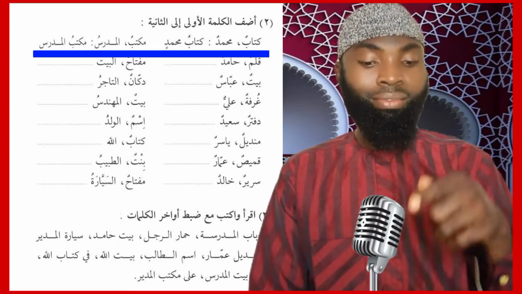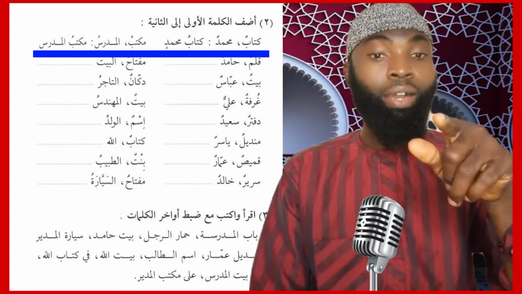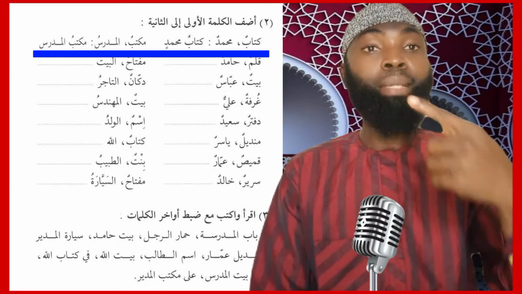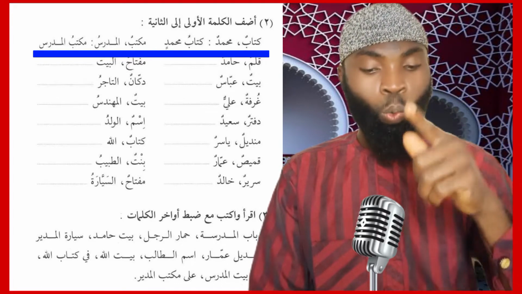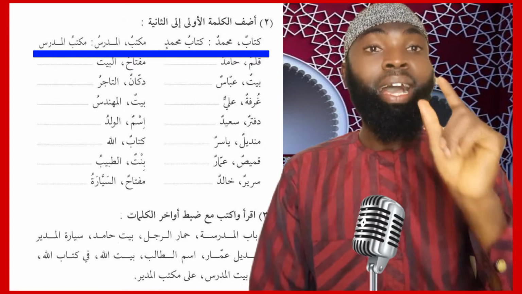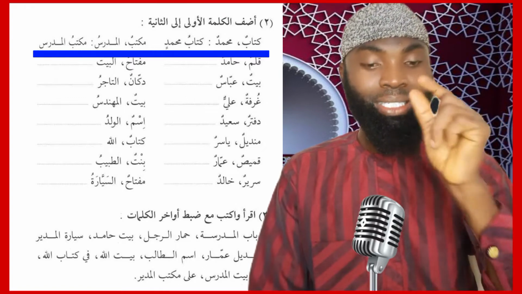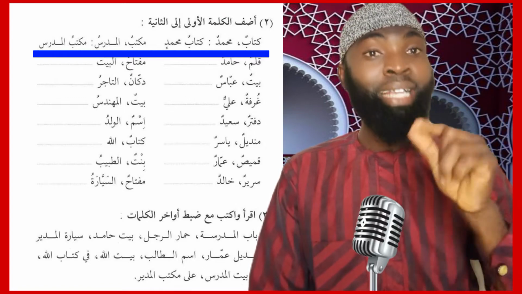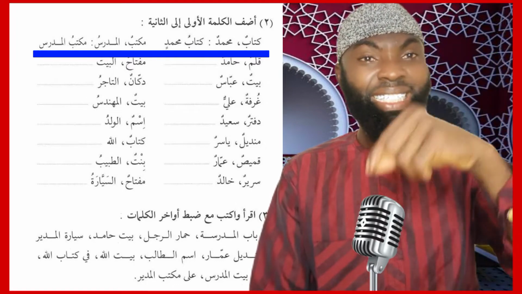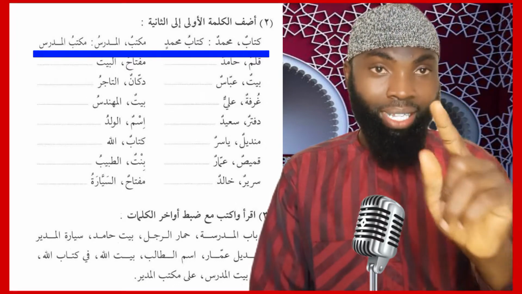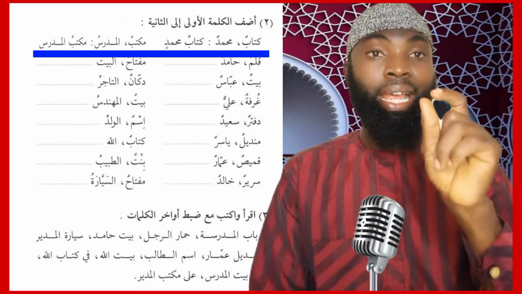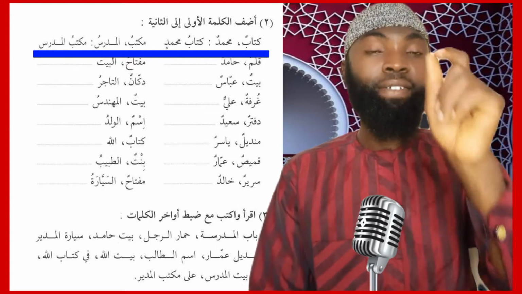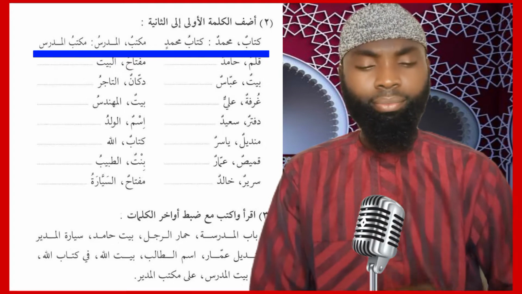And Al-Mudarrisu now ends with kesra, making it Al-Mudarrisi. So we say Maktabul Mudarrisi without dropping the alif and lam article. So another rule says that the mudaf ilayhi can carry the definite article alif and lam.